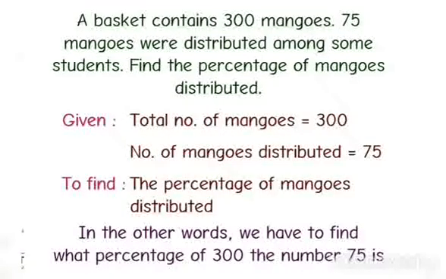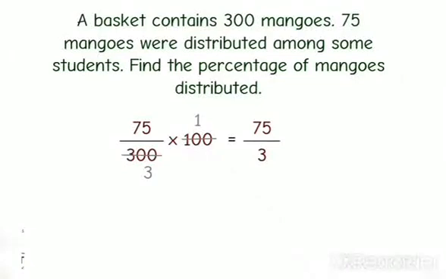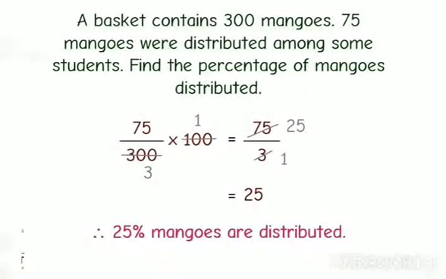We have to find what percentage of 300 the number 75 is. First we write it as a fraction and then convert into a percentage. We write it as 75 upon 300 into 100, and after cancellation we will get 75 upon 3. Again after cancellation you will get 25. Therefore 25% of the mangoes are distributed.